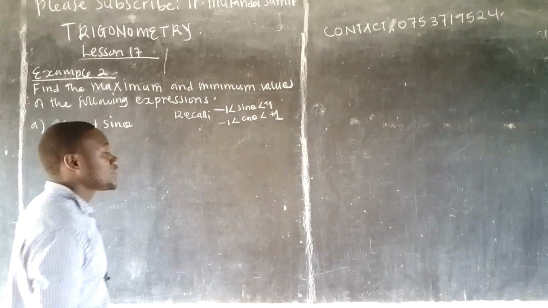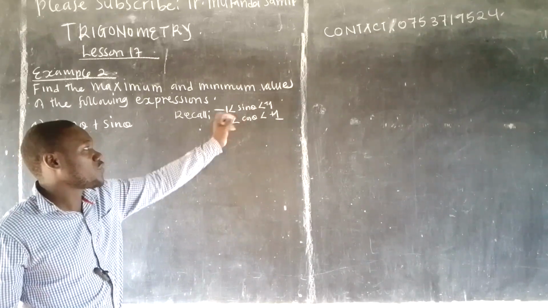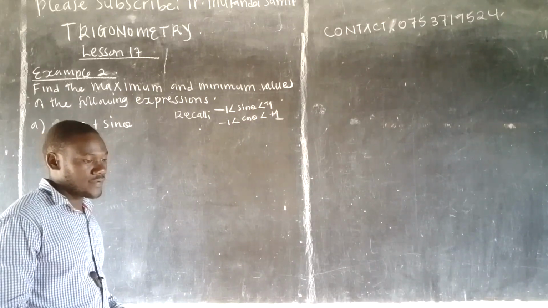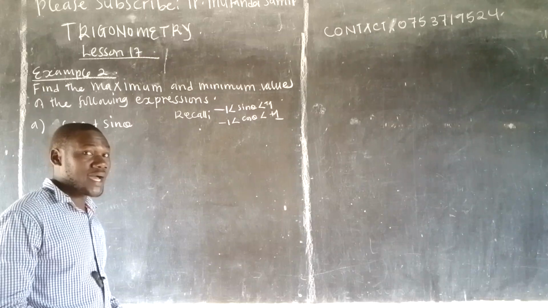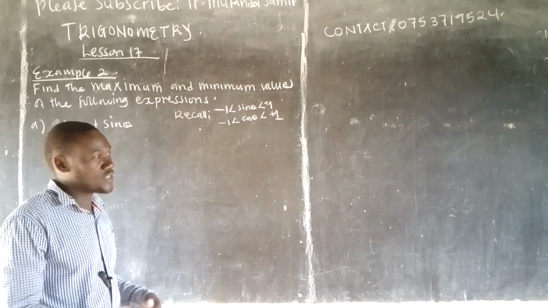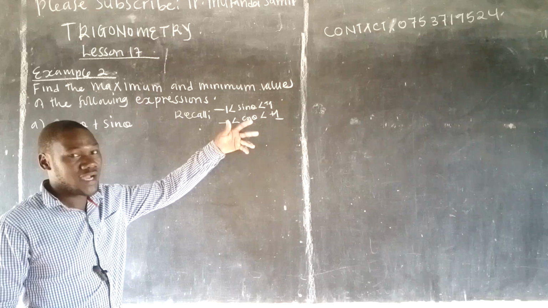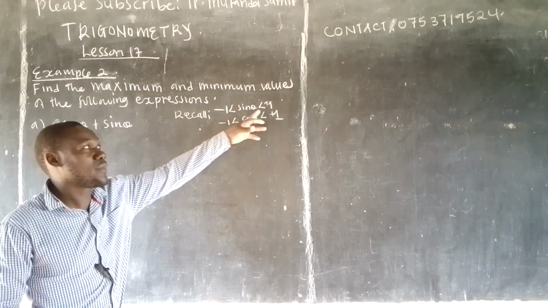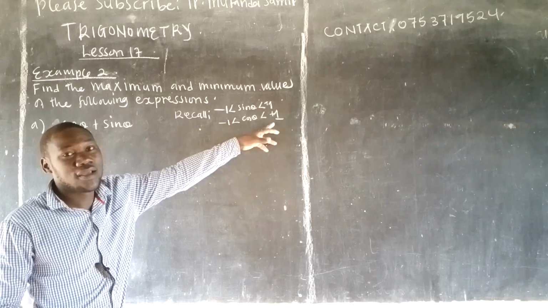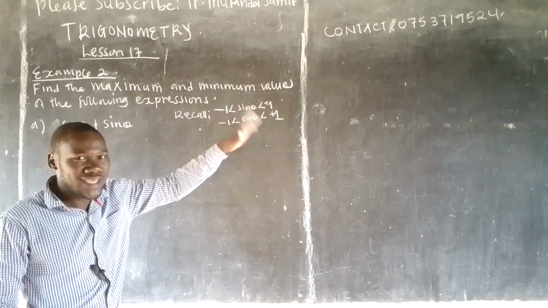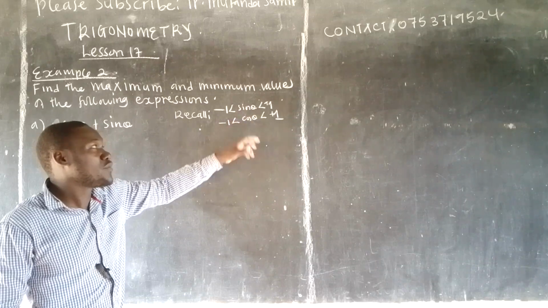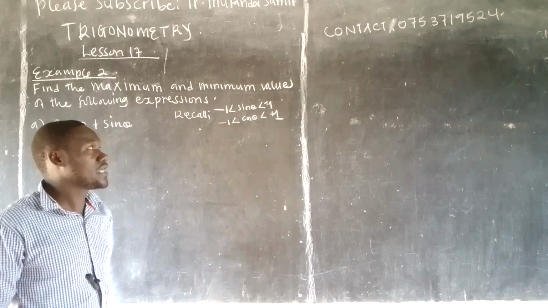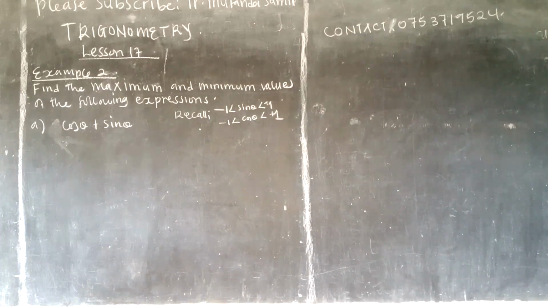So the maximum and minimum values occur for values between -1 and 1, meaning that when you take a sine inverse of 1.5, you'll get a math error, and that means that it goes beyond that. You can get sine inverse of 1, acceptable, but a sine inverse of 1.1 will give you a math error, meaning that sine is maximum at 1, even cos is maximum at 1. A cos inverse of 1.5 gives you a math error. So for these two, the maximum and minimum values are between -1 and +1 for cos and sine. We shall be using that in our work.